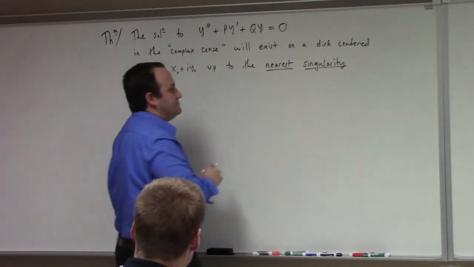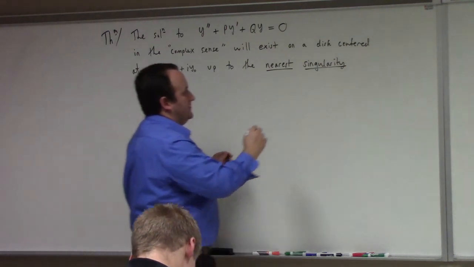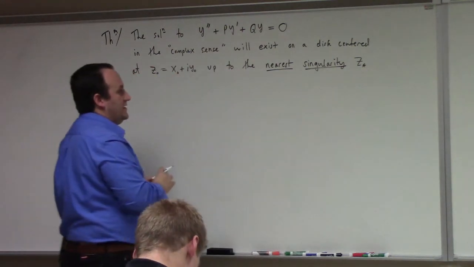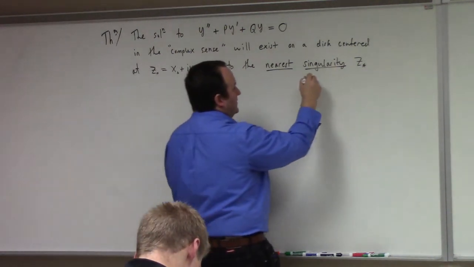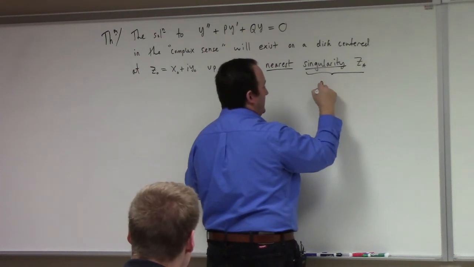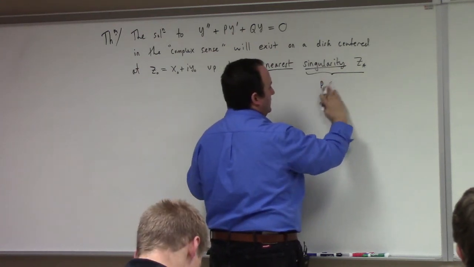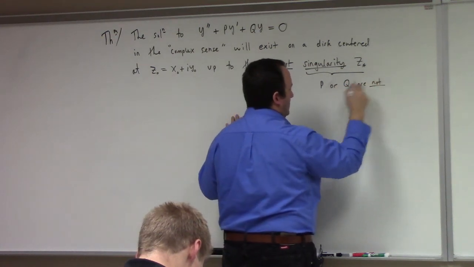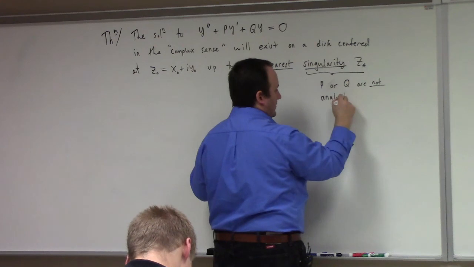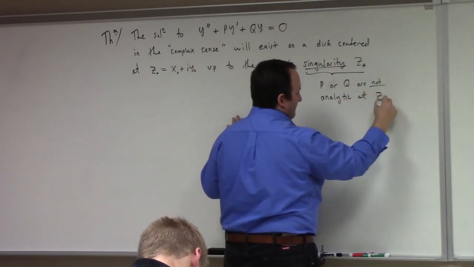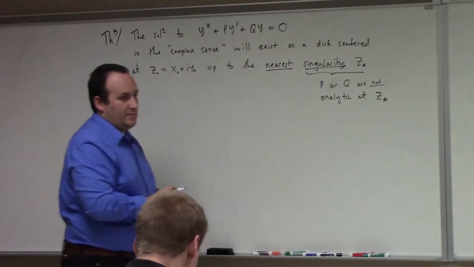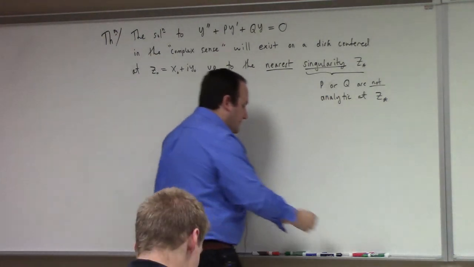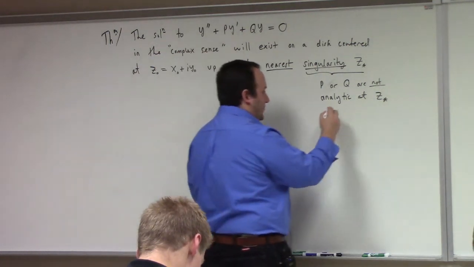Now, a singularity, let's say, I'll call it z star, all right? So a singularity is going to be a point. What this would mean is that P or Q are not analytic at z star. Now, by and large, let me just tell you the preponderance of our examples.